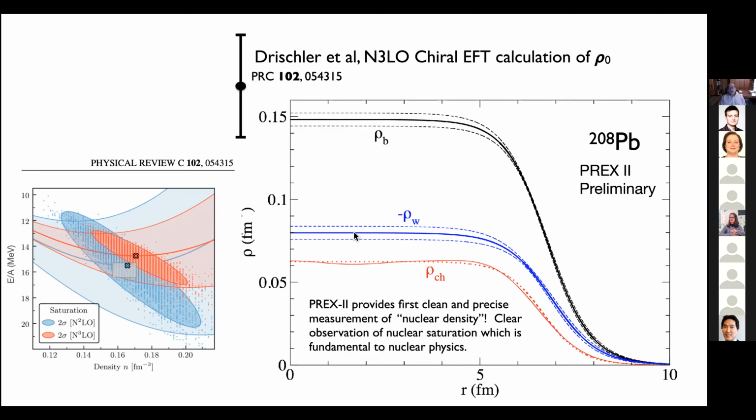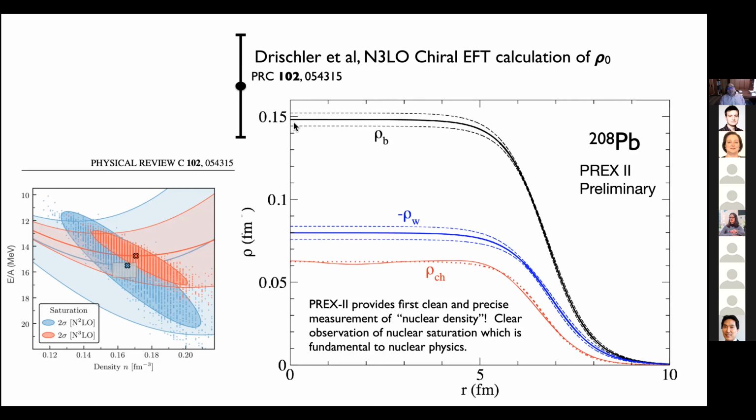There's a small contribution from the uncertainty in the surface thickness. One can combine this weak charge density, which is primarily the neutrons, with the charge density, i.e. the protons, to get the total baryon density.